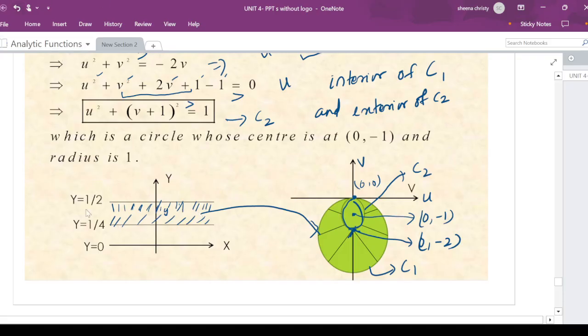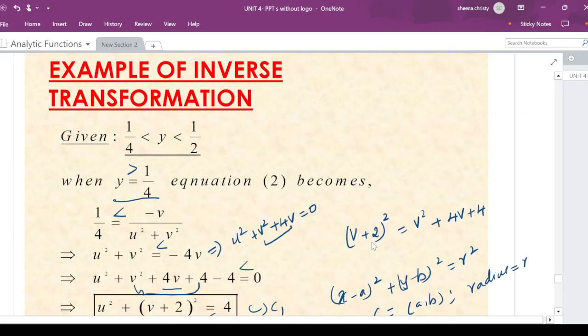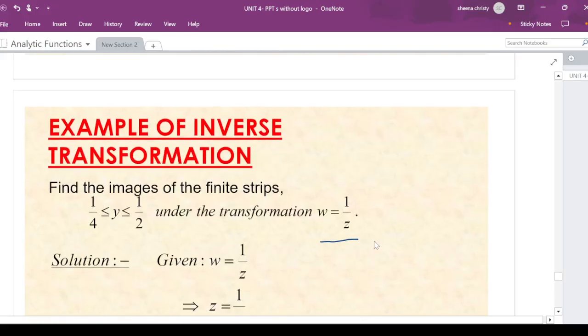So this interior part of this infinite line is mapped onto the region bounded by interior of C1 and exterior of C2. Like this only, the inversion transformation gives the image.